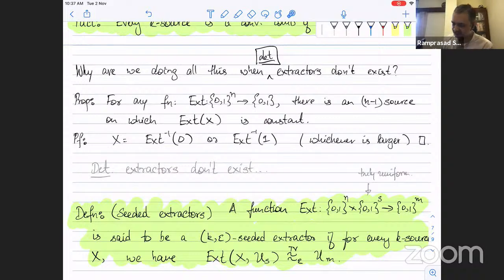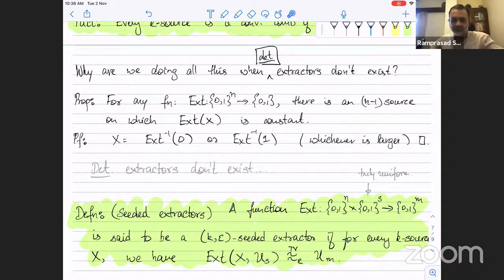And we will say that such a function is a (k, epsilon) seeded extractor if for every k-source X that you could think of, the output of the extractor when you feed in X and the uniform distribution on the seed must have total variation distance at most epsilon from the uniform distribution on m bits.